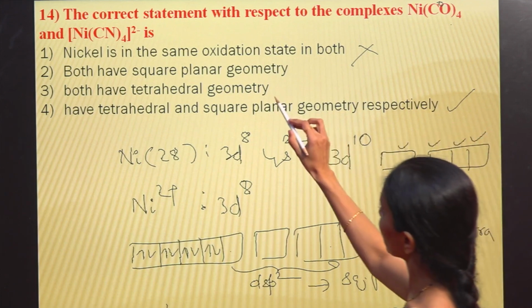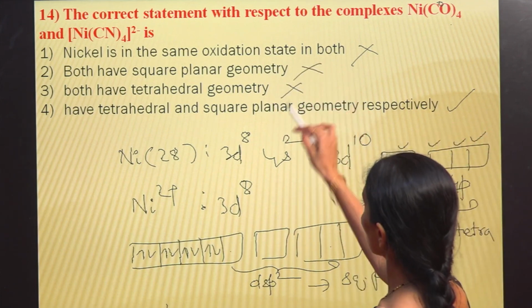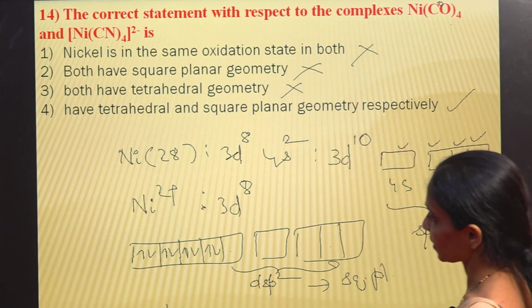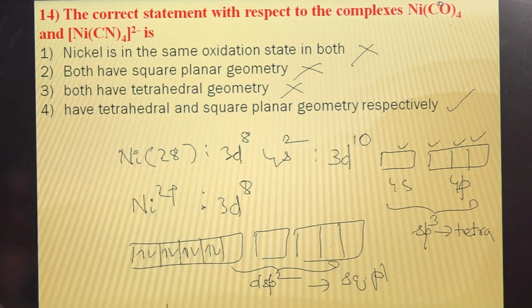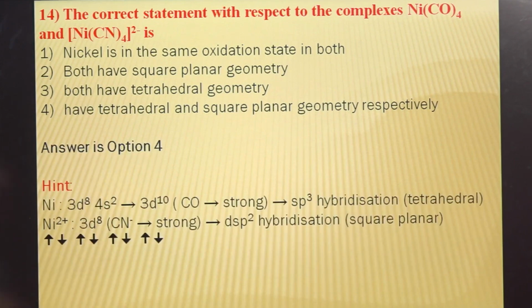This statement is correct. Both have tetrahedral, wrong. Both have square planar, wrong. So correct statement is the last one. Yeah, option 4 is the correct answer.